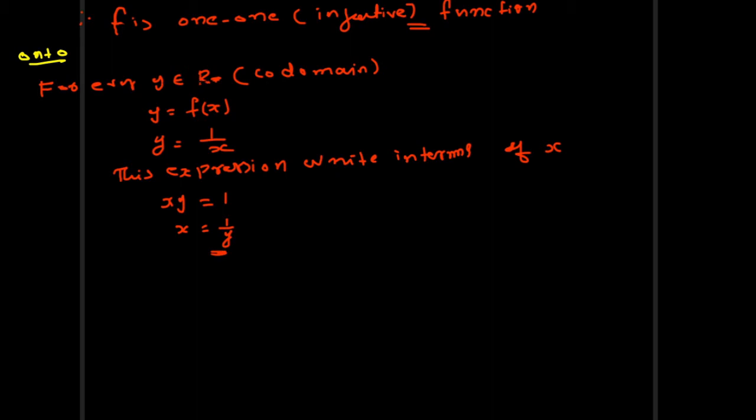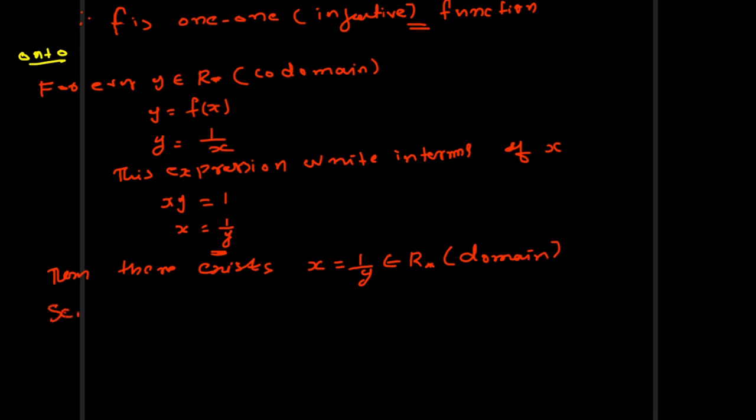For every y belonging to the codomain, there exists an x equal to 1 by y belonging to R star, the domain, such that f of x equal to 1 by x.